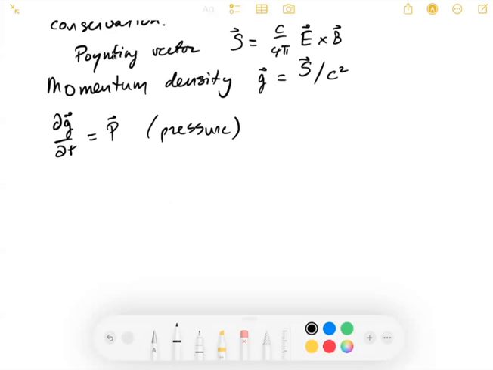So we start by calculating this dg/dt, and we just plug it in.